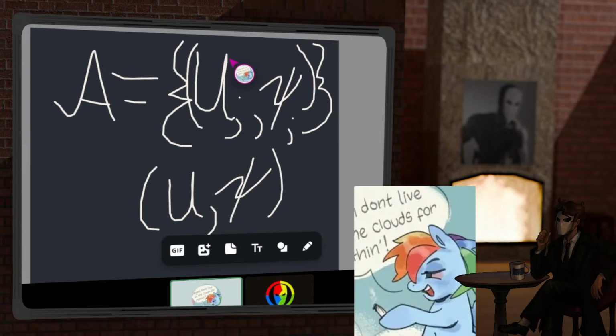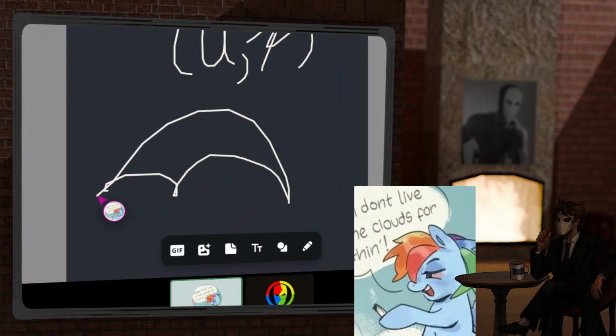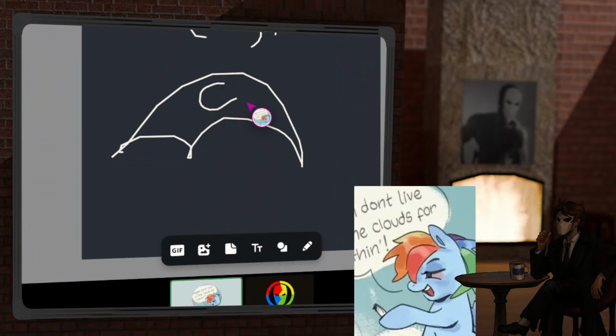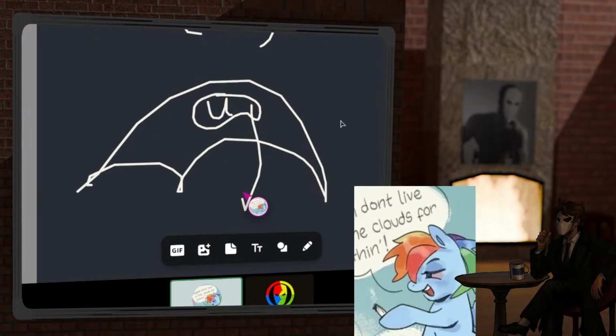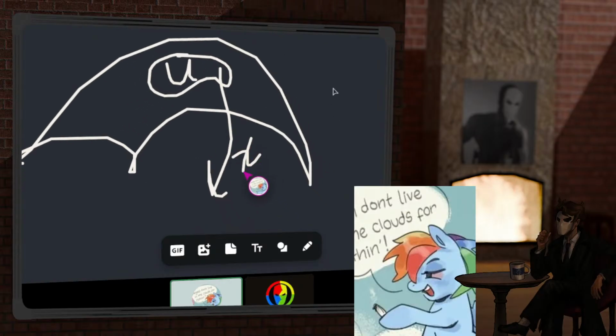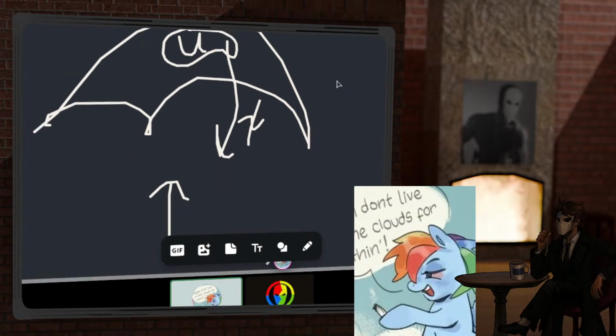So what we can do is, I'm going to draw this out. If we have a specific patch on the manifold, like say this is our U, then we have the map to some subset of Euclidean space.